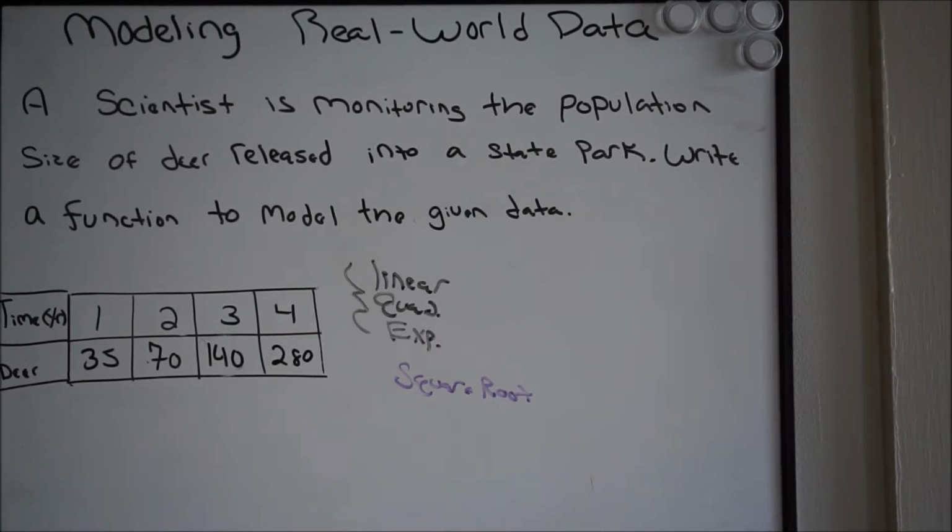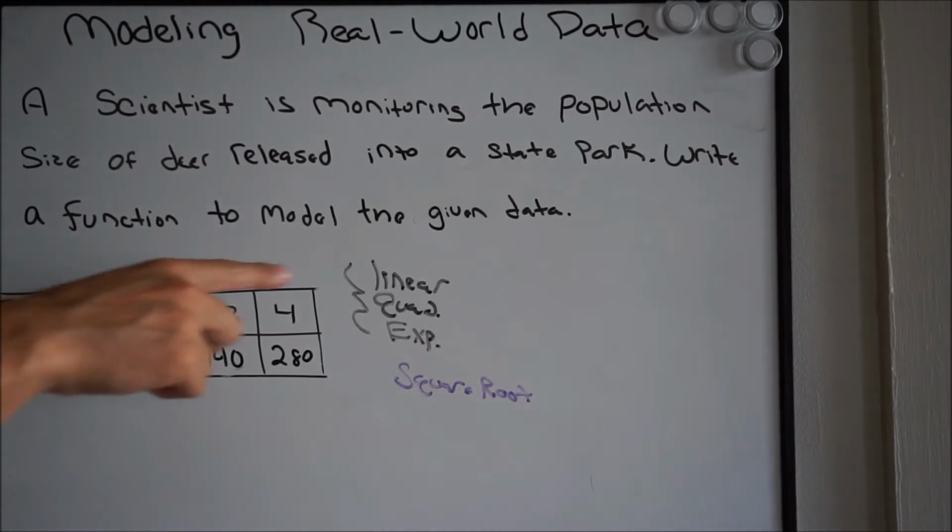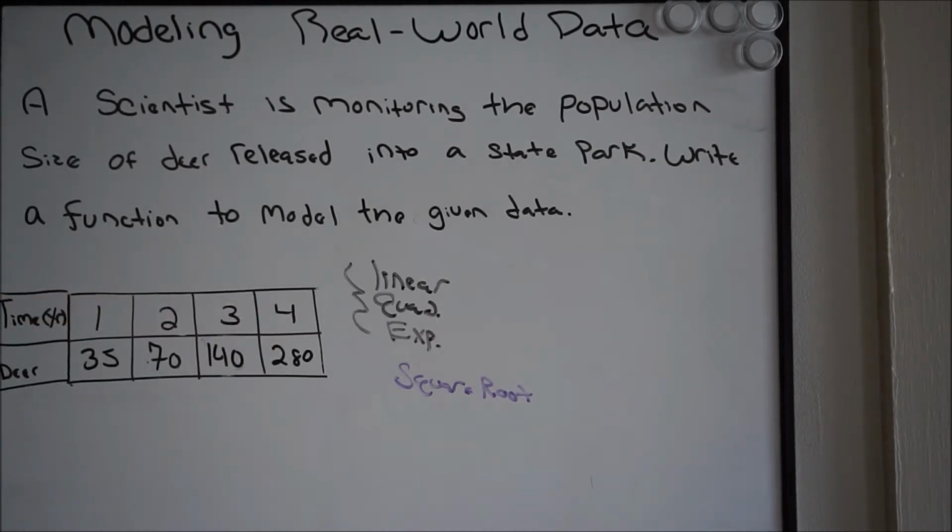So going back to linear, quadratic, and exponential, we know that they all are going to have evenly spaced x values. However, with linear, it's going to have a constant first difference. For quadratic, it's going to have a constant second difference. And for exponential, it's going to have a constant ratio.